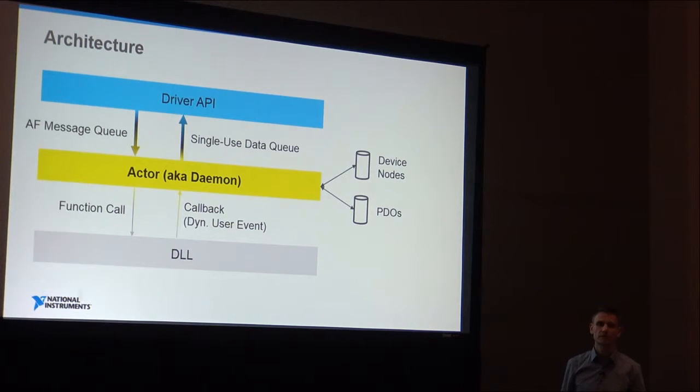So that's kind of synchronous messaging, but I did not want to use the synchronous messaging from Actor Framework. The actor itself is communicating with the DLL, with that ominous DLL, via normal function calls, and these callbacks being translated to dynamic user events.